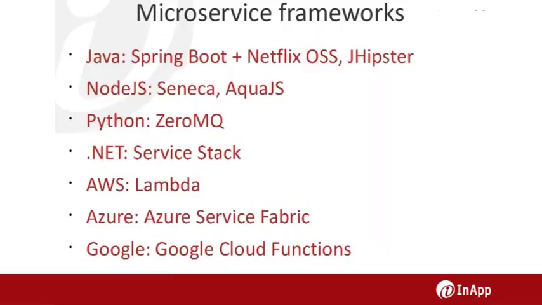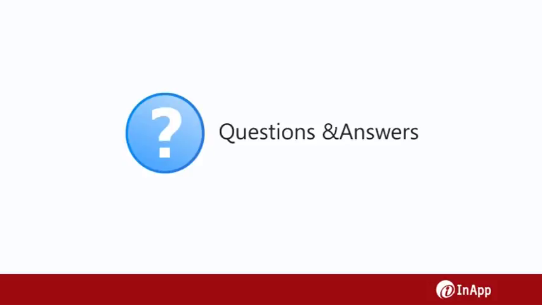Python has ZeroMQ, .NET has Service Stack. And of course, AWS has Lambda, Azure has Azure Service Fabric, and Google has Google Cloud Functions. So that actually completes my presentation. I hope you all learned a little bit of additional information on how to migrate your application to the cloud.